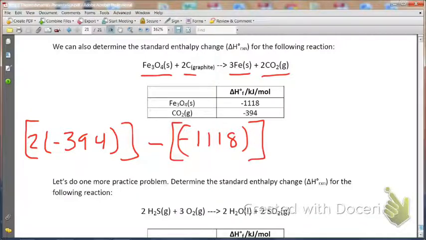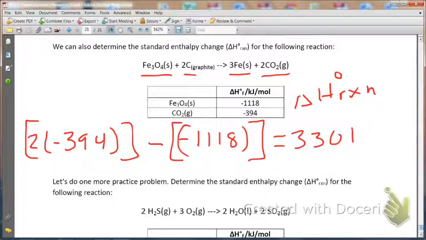So we just essentially do this math, and we should get a delta H of reaction. So again, delta H of reaction at standard conditions is equal to 330 kilojoules per mole. So this reaction has a positive sign, so it's an endothermic reaction, unlike the other one, which is exothermic. Alright, very good.